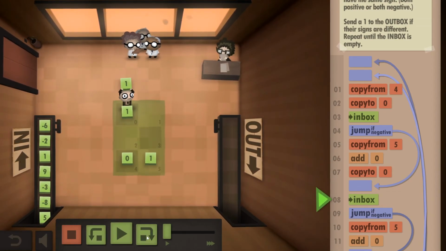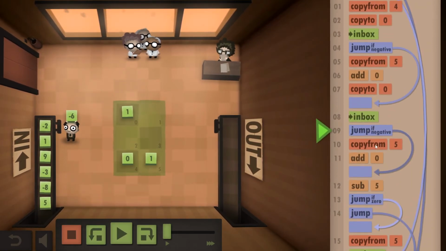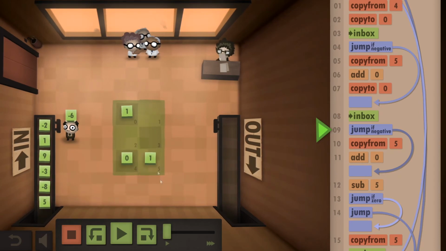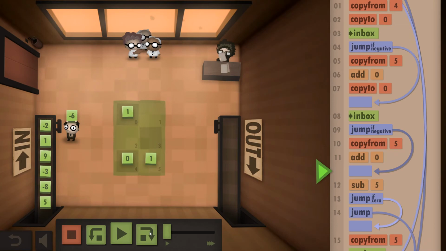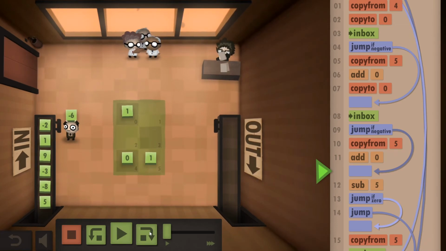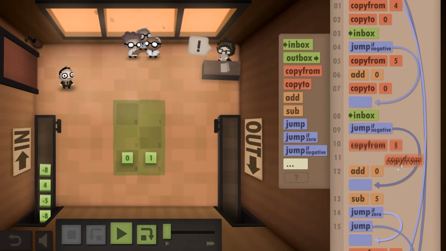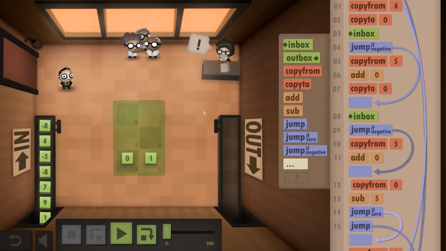So, next we go back to the inbox and pick up a -6. Now, because it is negative, we are not going to copy a 1 to it. Instead, we are going to... Okay, I see a problem. We do actually need to copy from what's in 0, because right now we're just going to subtract 1 from -6. So we'll copy from 0 at that stage.